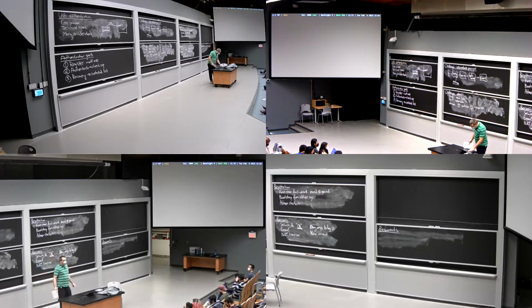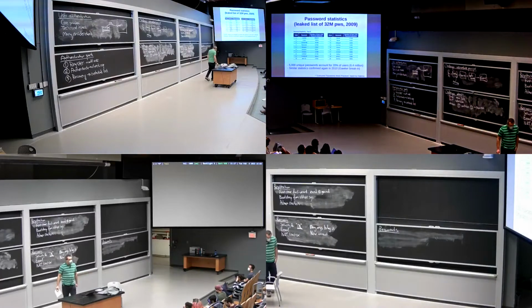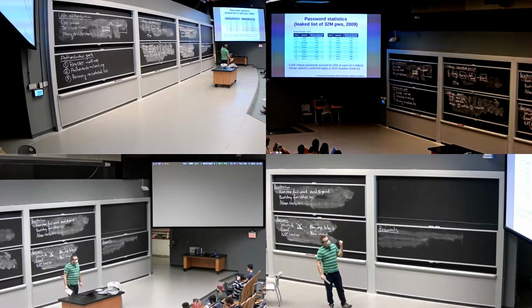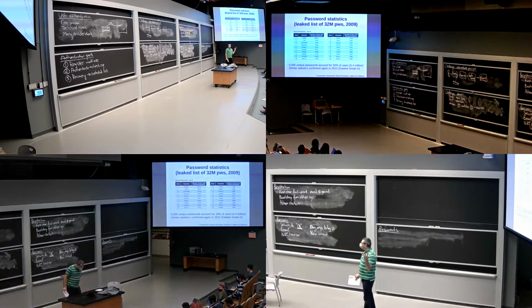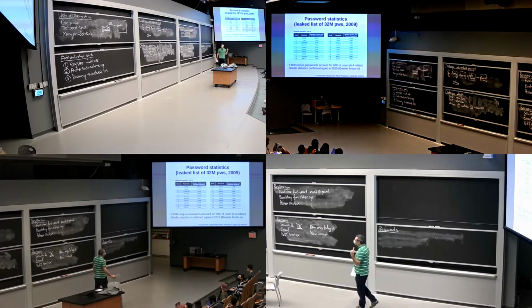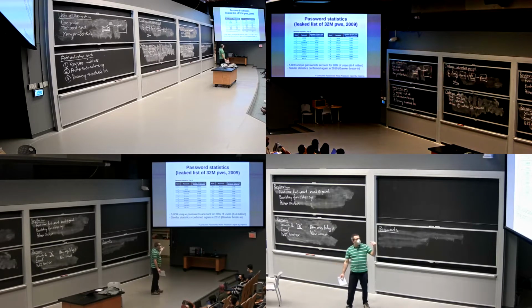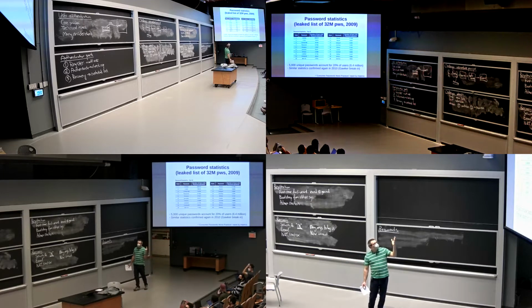So to understand passwords, I wanted to show one important slide. This is an interesting data set. These are the top passwords from a leaked list of 32 million passwords. What this is showing is, for example, that out of these 32 million accounts in a database that was leaked quite a while ago, but the stats surprisingly look pretty similar, 290,000 of them had the password 123456.